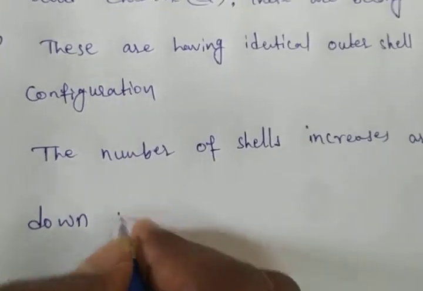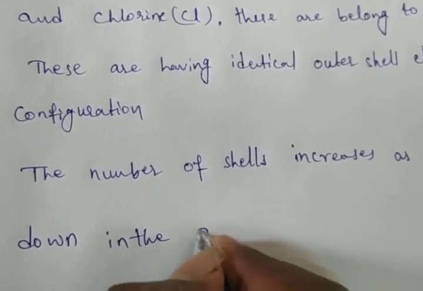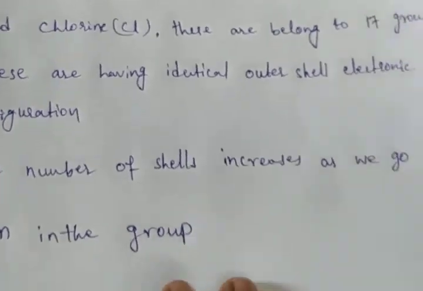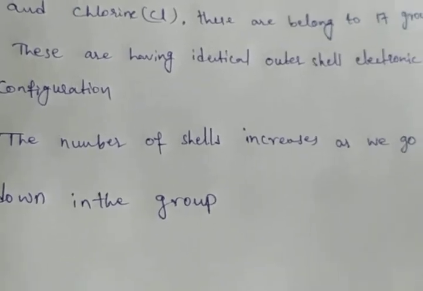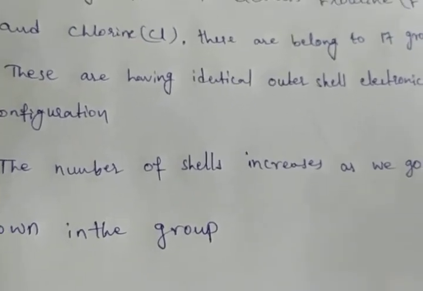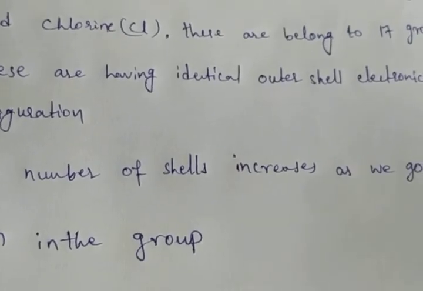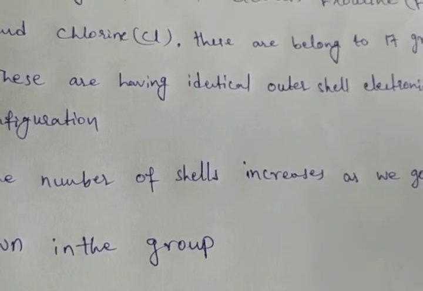The number of shells is increasing, but the outer shell electronic configuration is the same. Only the number of shells increases in the group.